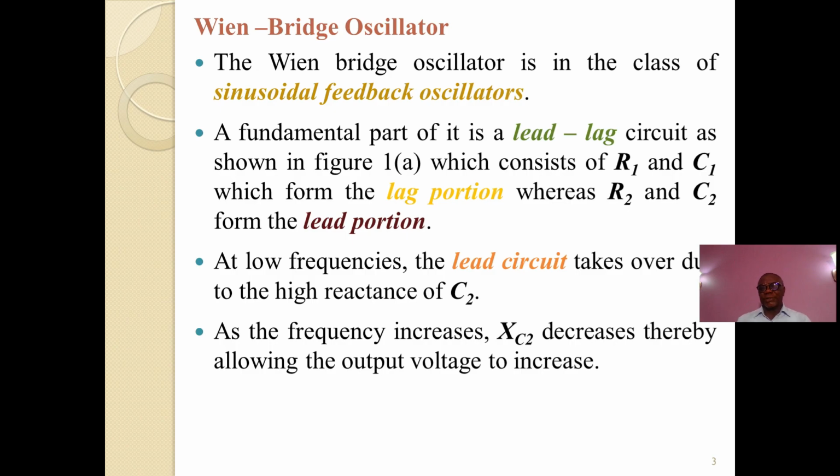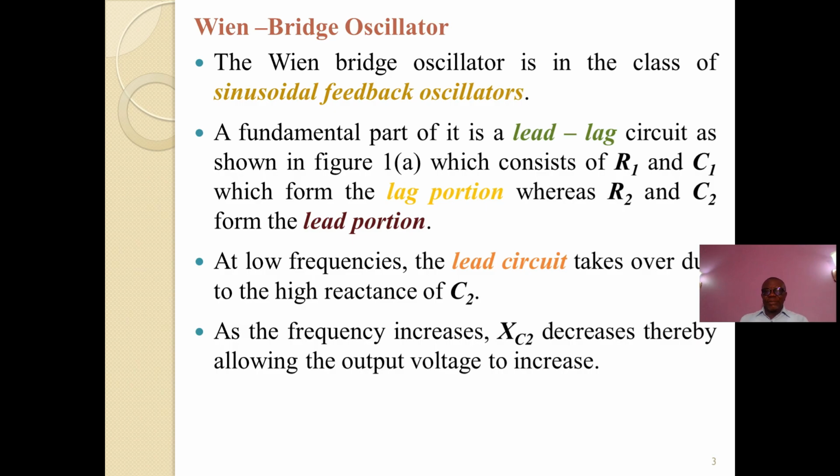The Wien bridge oscillator is in the class of the sinusoidal feedback oscillators. A fundamental part of it is a lead-lag circuit, as shown in Fig 1a, which consists of resistor R1 and capacitor C1 in the lag portion, whereas resistor R2 and capacitor C2 form the lead portion.